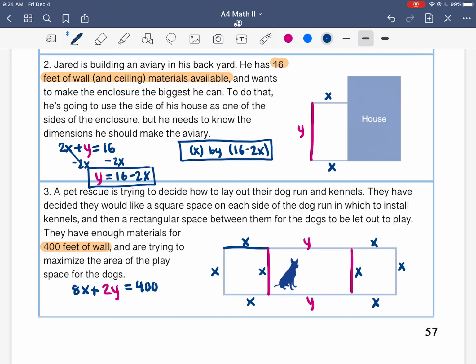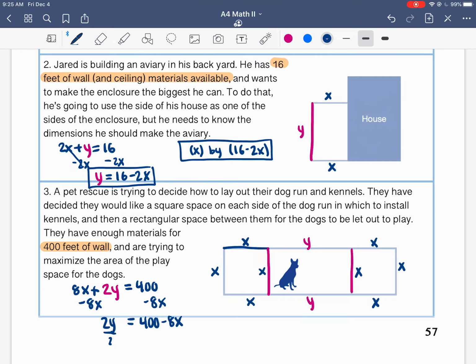And we're still trying to find an expression for this piece right here using our restriction. So we're going to solve this equation for y. I'm going to take away 8x on both sides, and it will give me this expression, 2y equals 400 minus 8x.